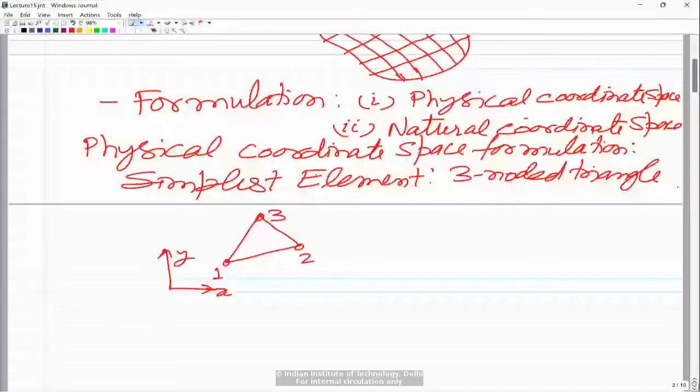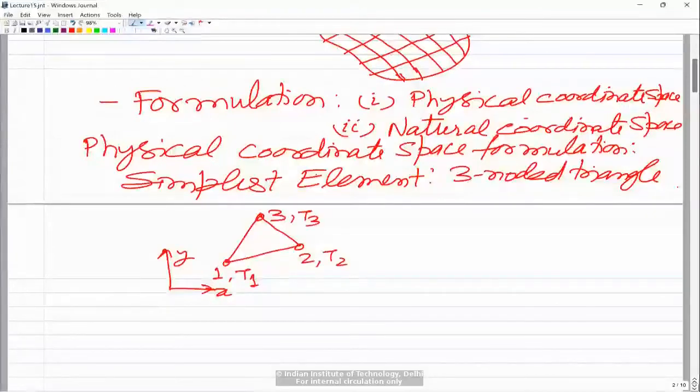So if we are talking of temperature, the heat conduction problem, then the degrees of freedom are going to be T1, T2, and T3. So at each node we have only one degree of freedom. So here, if you look at the temperature, temperature is the unknown variable.